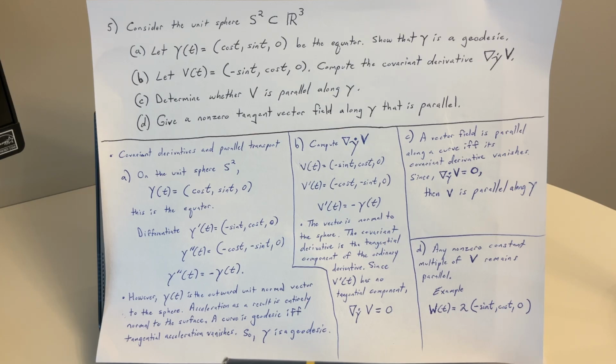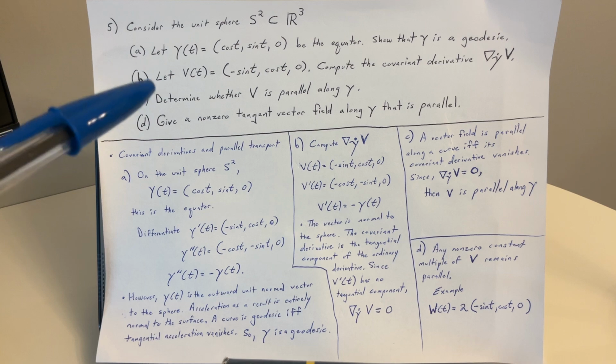Think about why that is. The vector, we could say, is normal to the sphere. The covariant derivative is the tangential component of the ordinary derivative. And since v prime of t has no tangential component, this winds up as 0. So the covariant derivative is 0.